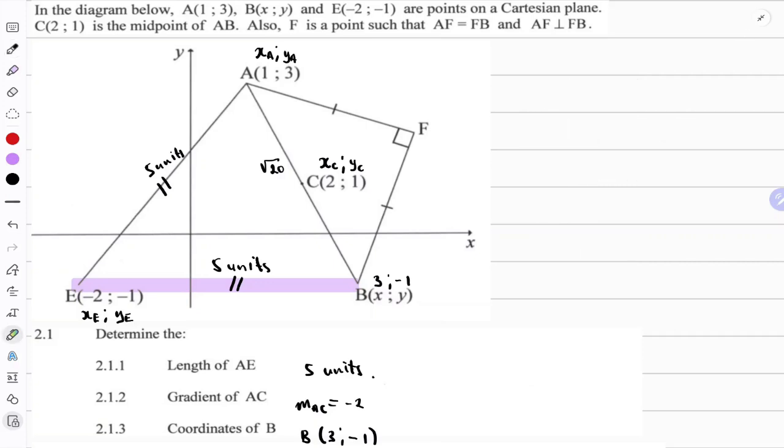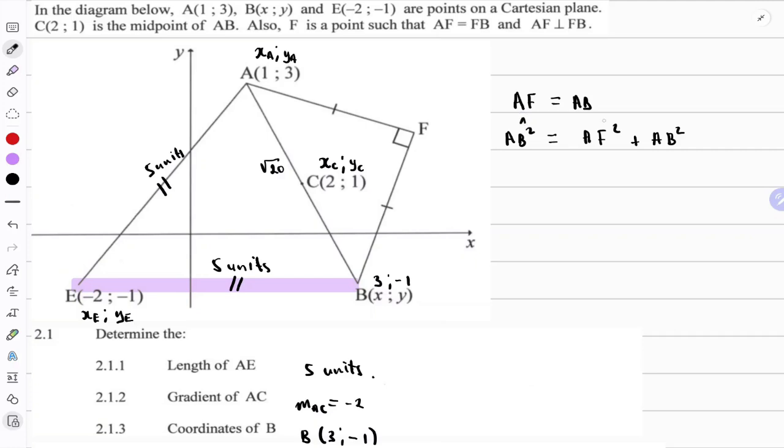So now we can use Pythagoras theorem to find the missing sides, bearing in mind that these sides are equal. So the first thing we can take note of is that AF is equal to FB. So using Pythagoras theorem, we can say that AB squared, the square of the hypotenuse, is equal to the sum of the squares of the other two sides.